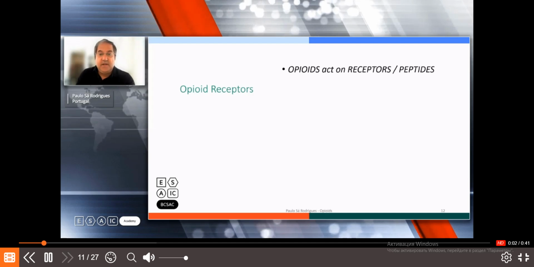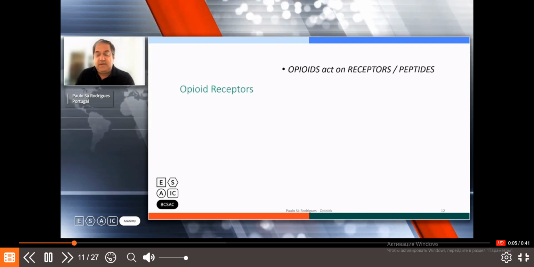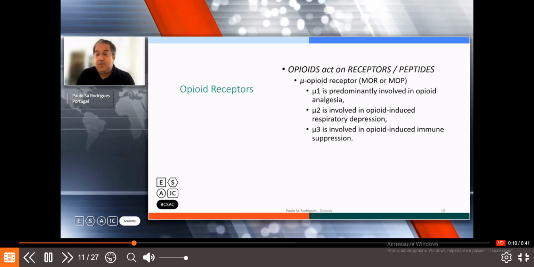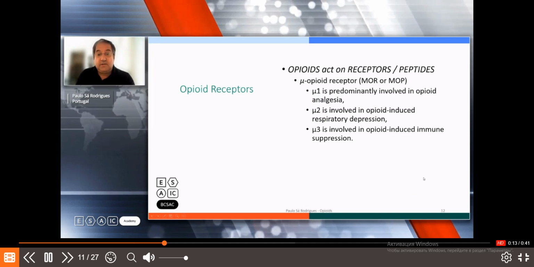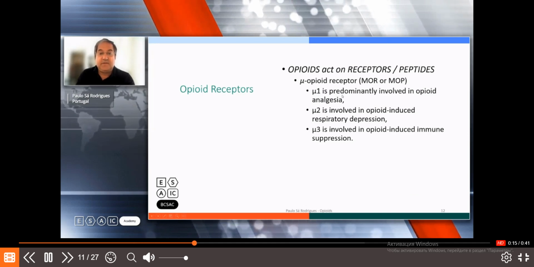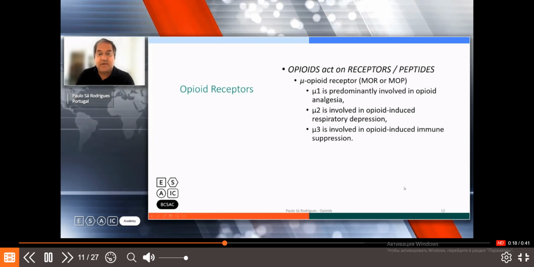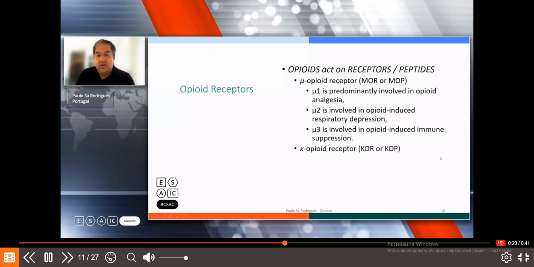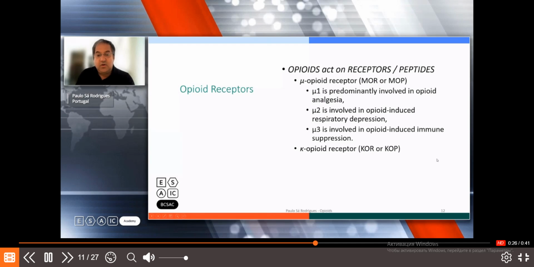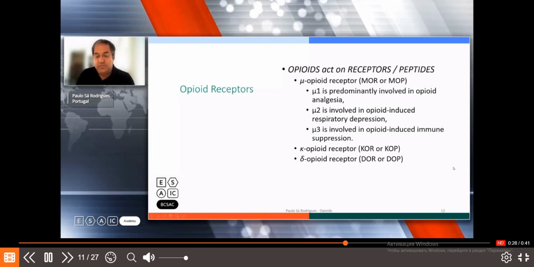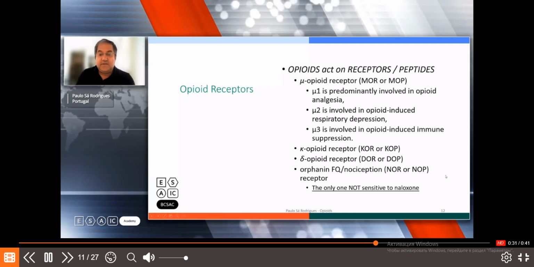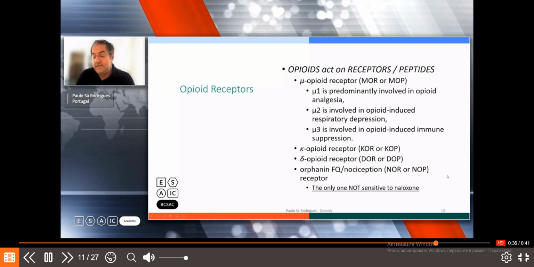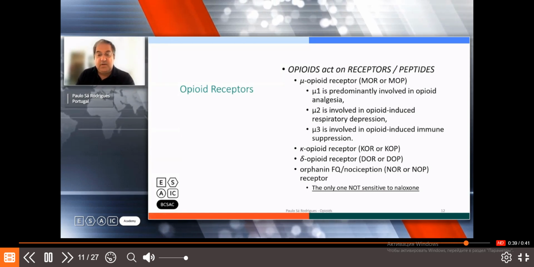Opioids act on receptors, which are peptides. And we do know there are three main opioid receptors from the mu opioid receptor class, mu1, 2, and 3, and also the kappa opioid receptor, or KOP, the delta opioid receptor, and the orphanin nociceptin receptor, and this is the one and only that is not sensitive to naloxone.